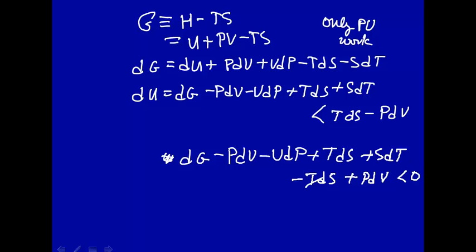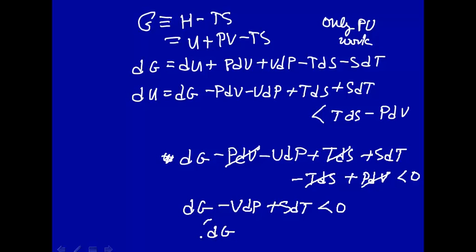And let's see what cancels out. TdS cancels out. There goes the entropy. PdV cancels out, so there goes the volume. And so we're left with dG minus VdP plus SdT has to be less than 0, or dG at constant P and T, pressure and temperature, has to be less than 0 for a spontaneous process.